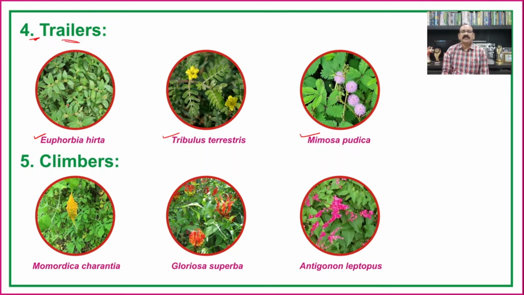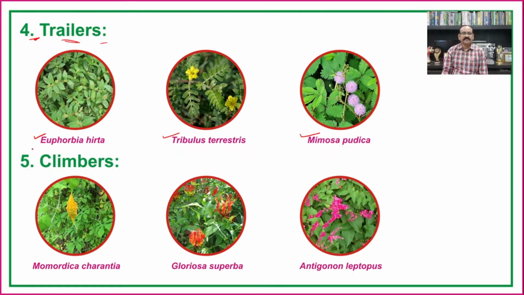Here the stem is somewhat weak, and because of that the plant body does not grow completely straight or erect above the ground; it grows on the surface, and hence they are considered trailers.